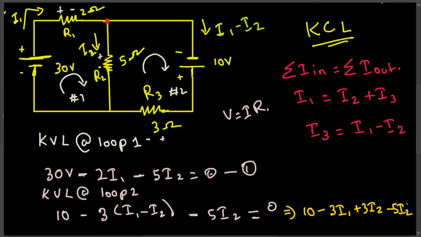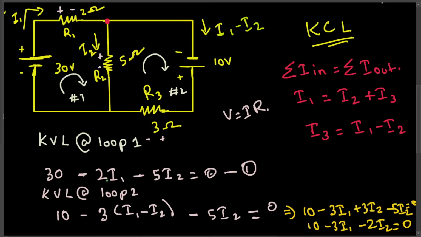So we can say this is equal to 0. So this is 10 minus 3 I1, and then 3 minus 5, that's negative 2, so negative 2 I2, that's equal to 0. Okay, so now we have this equation and this equation. Also let's remove this voltage unit to avoid confusion.